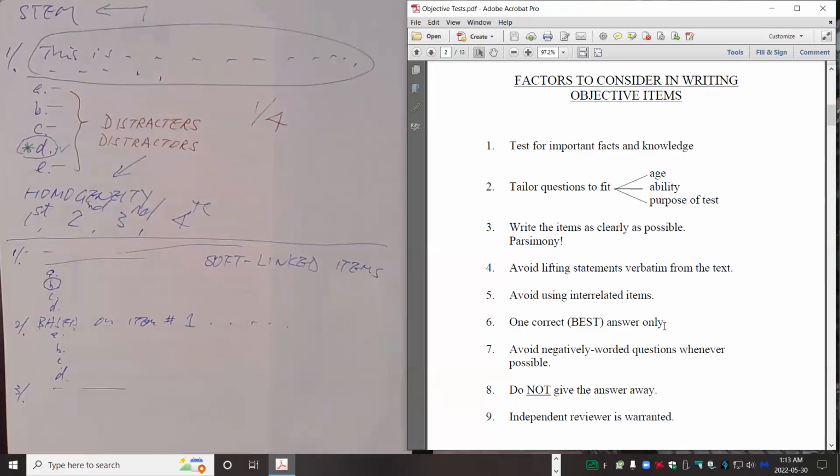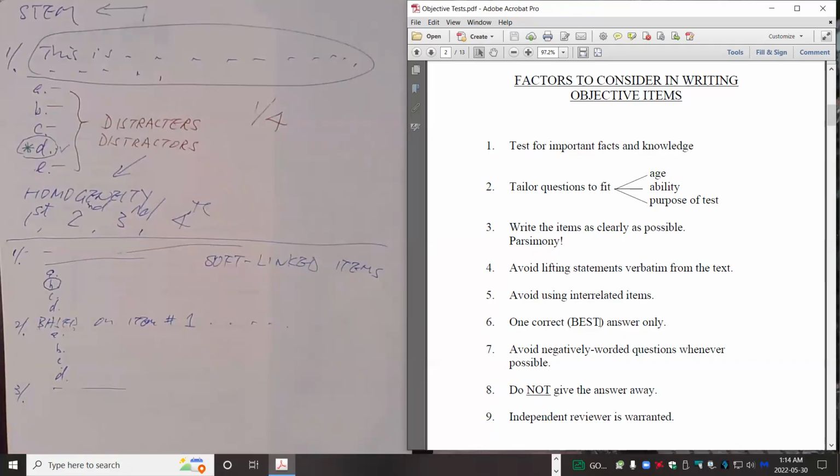One correct answer only. Sometimes there are 2, sometimes even 3 correct answers. But then the trick is to use the word best. Put the word best instead of correct, then you avoid a lot of arguments from the students. This one is also correct, this is also correct, what do you say, teacher?